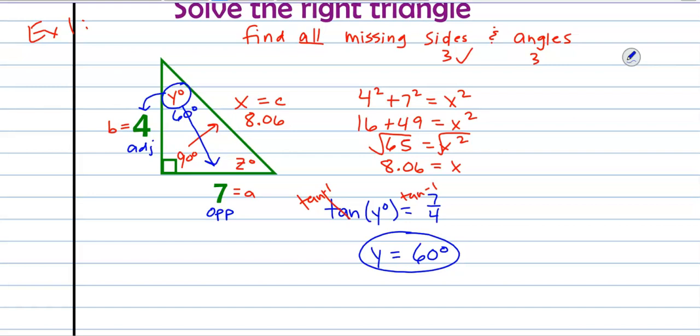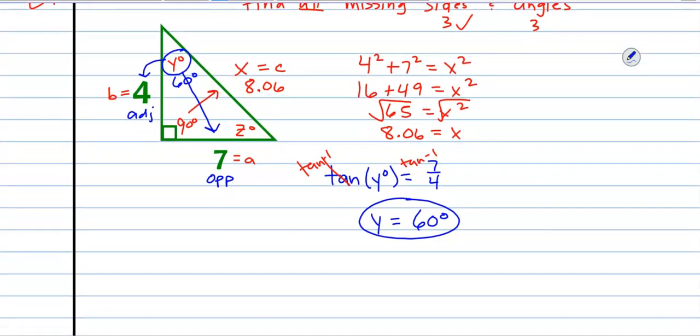If we were going to use trigonometry to find angle z, then 4 would have been the opposite side, and 7 would have been the adjacent side. So we would have really had almost the exact same setup. Tangent of, sorry, I should be using z, not y.